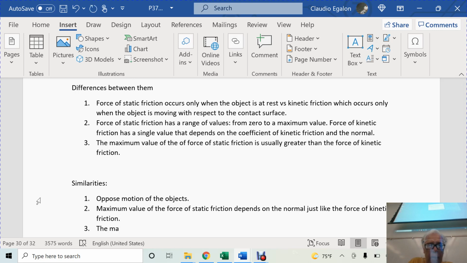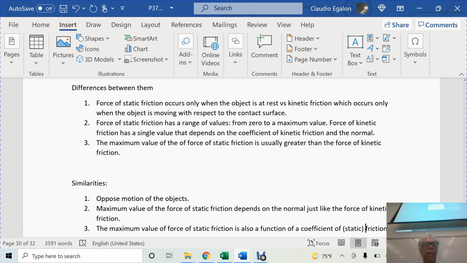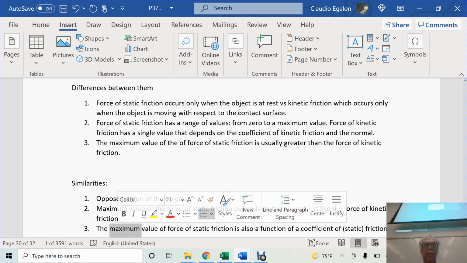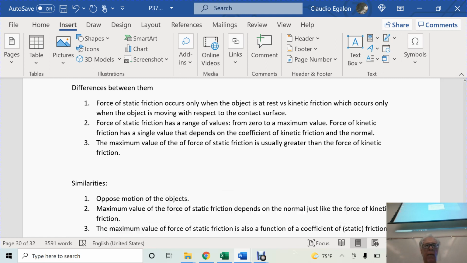Three. The maximum value of the force of static friction is also a function of a coefficient of friction. I'm going to put it here, coefficient of static friction. But remember, it's the maximum value. So those are the similarities, and those are the differences.